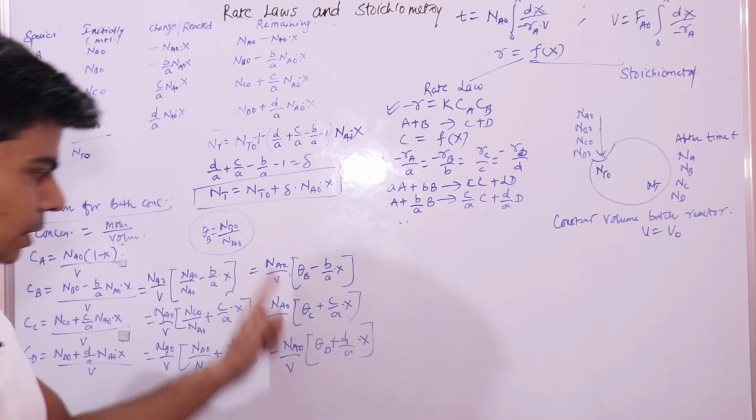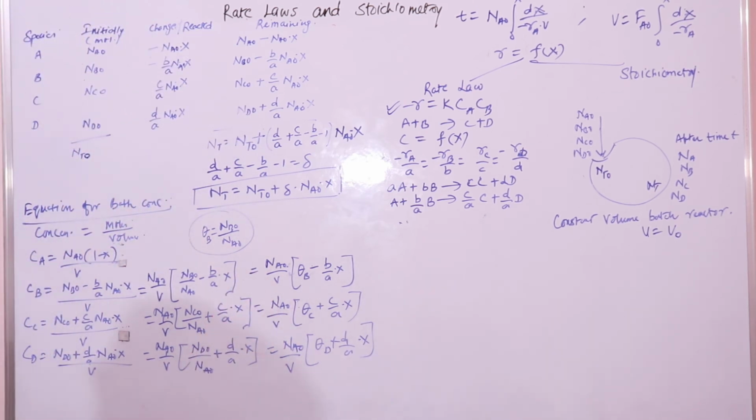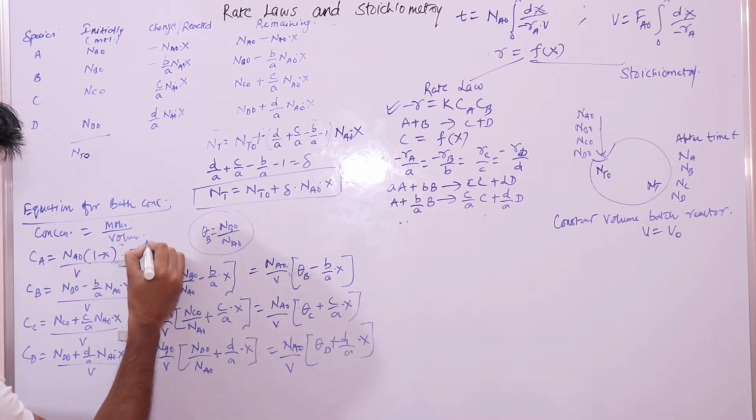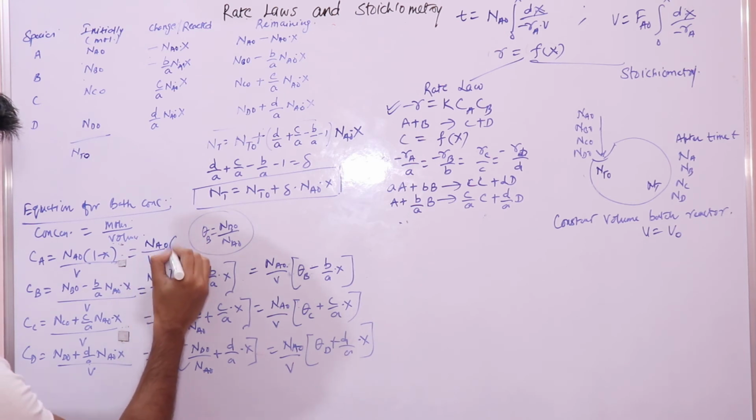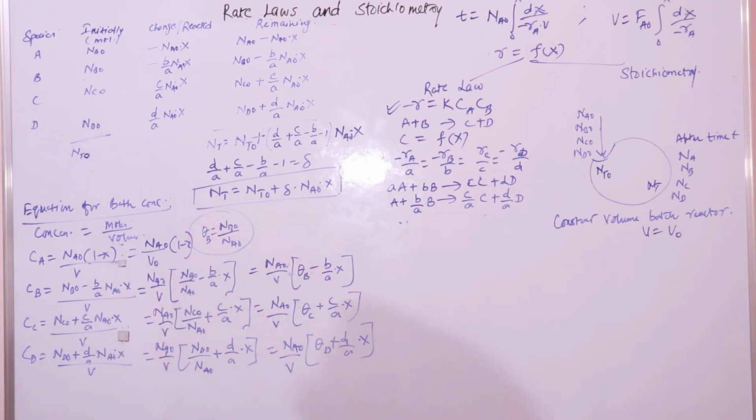This V is the same in all these equations, so you just replace V with V0. The first equation will become Na0 upon V0 (1 minus x).